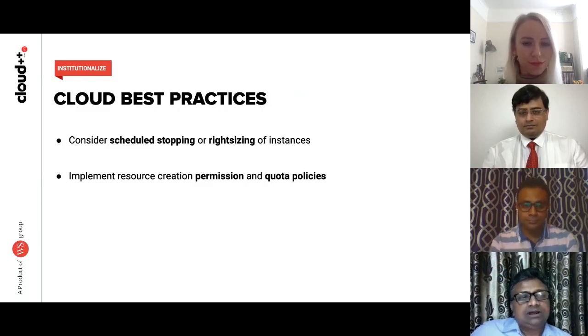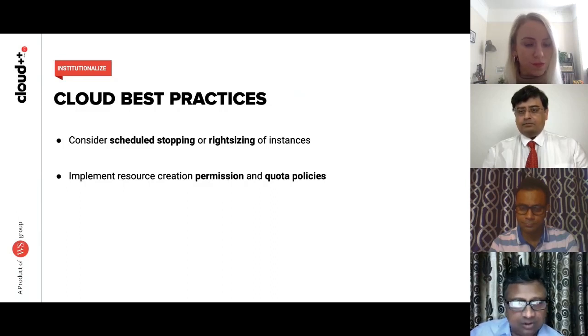The next is to implement resource creation permissions and quota policies. This puts some control to restrict abundant and uncontrolled creation of resources, especially those not deleted or decommissioned after they've been used. It is very easy to create an instance. You want to do some R&D work, you can provision a very high configuration machine, and when you are done, you forget to decommission it.